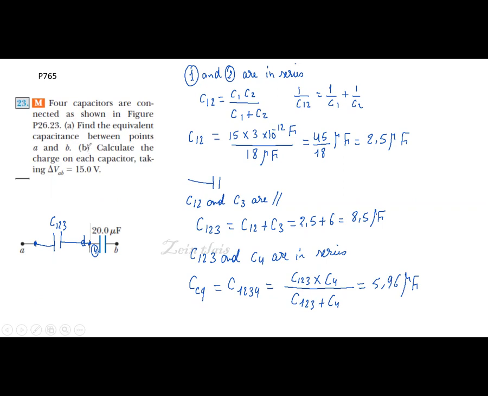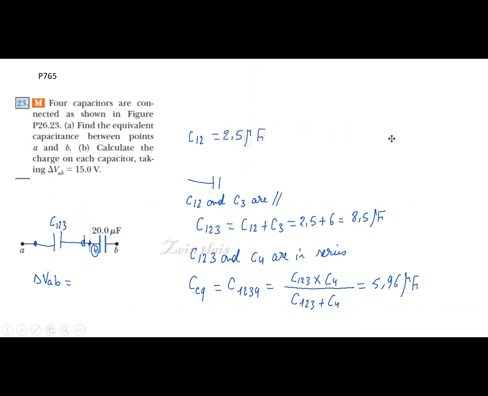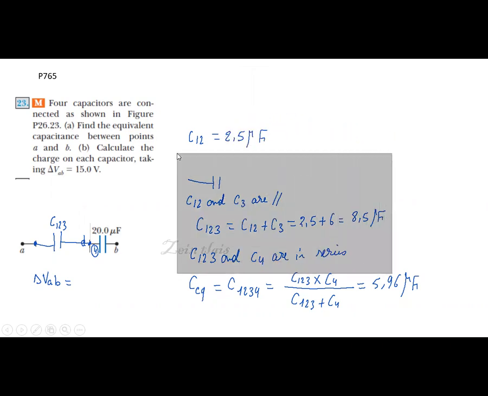Now I want to calculate the charge on each capacitor if delta V AB equals 15.